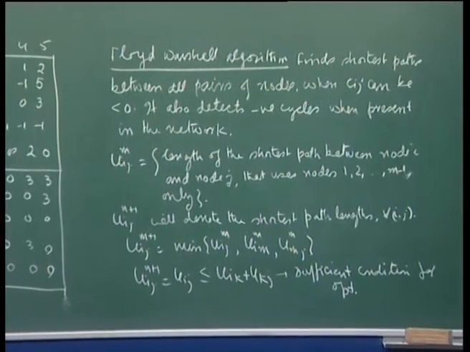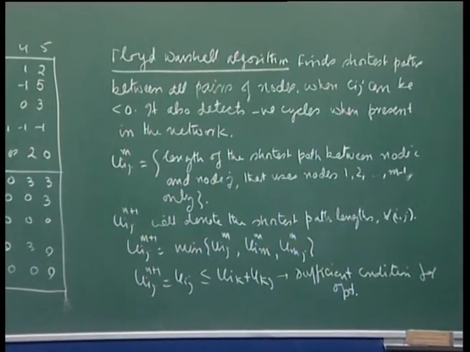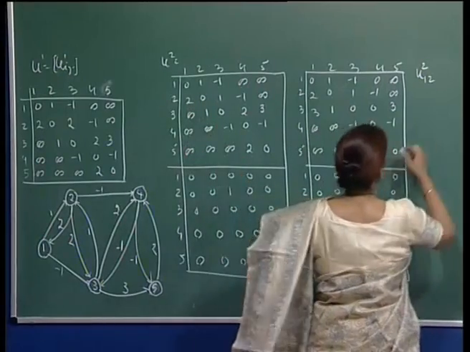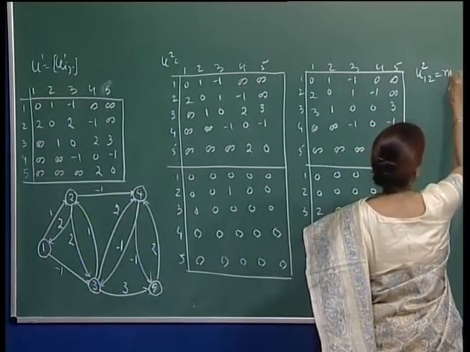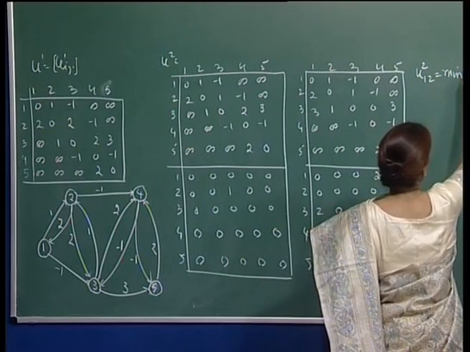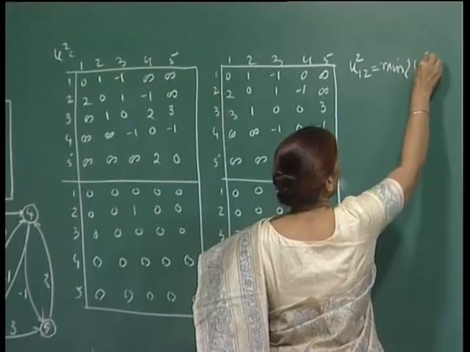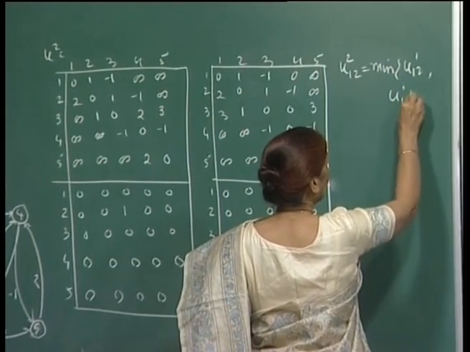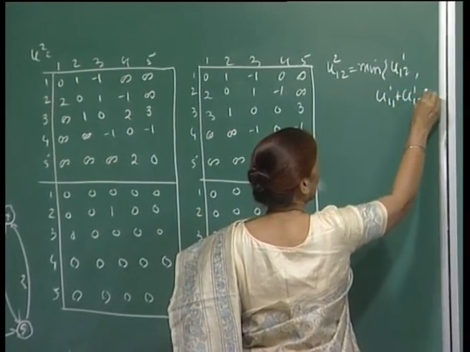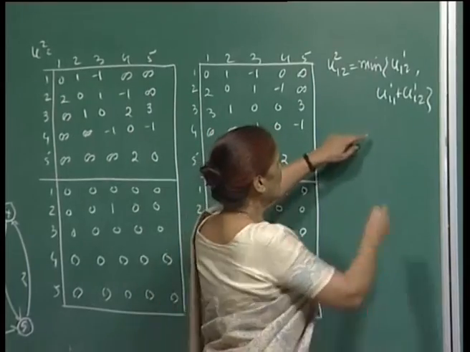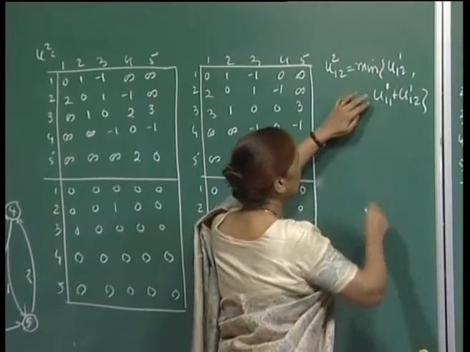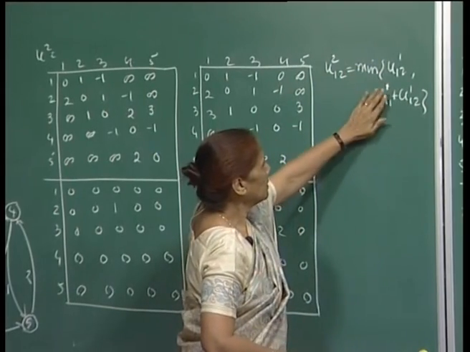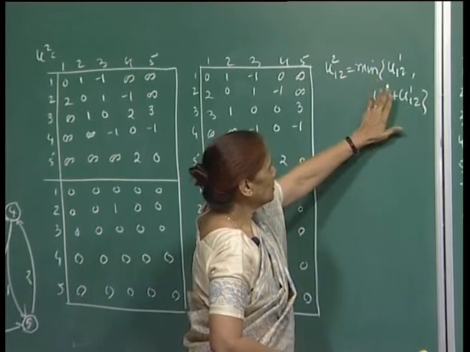So, for example, if you want to compute U212, let us say, then according to the formula this will be the minimum of U121, and then U111 plus U121. So, the thing to remember is that these two indices must match, right. So, U11 plus, and this is 0. So, this is U12.